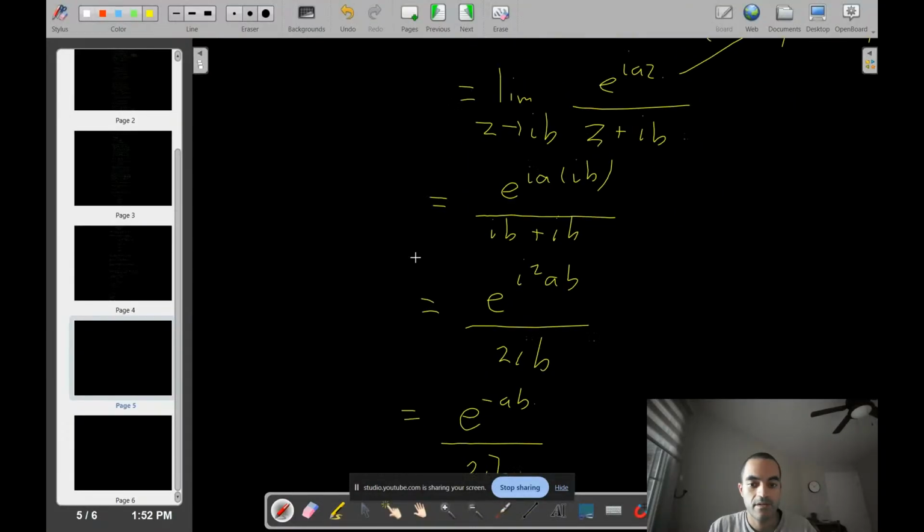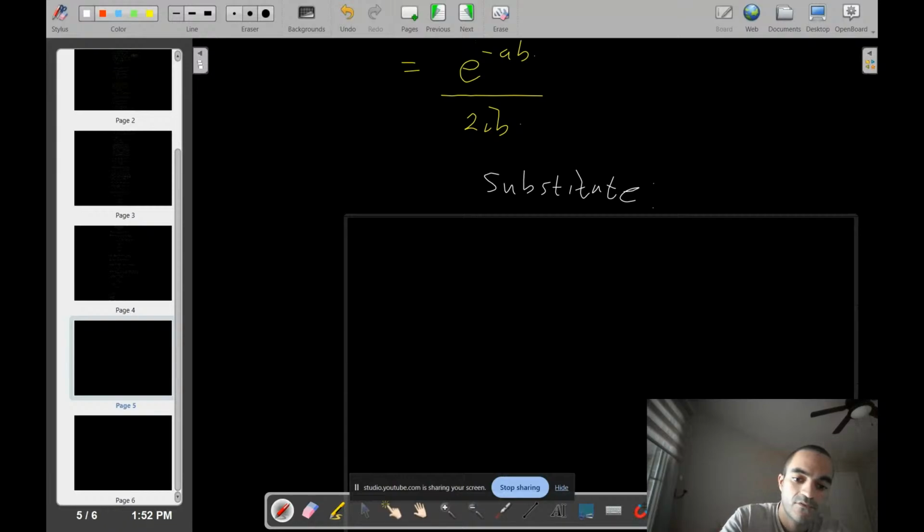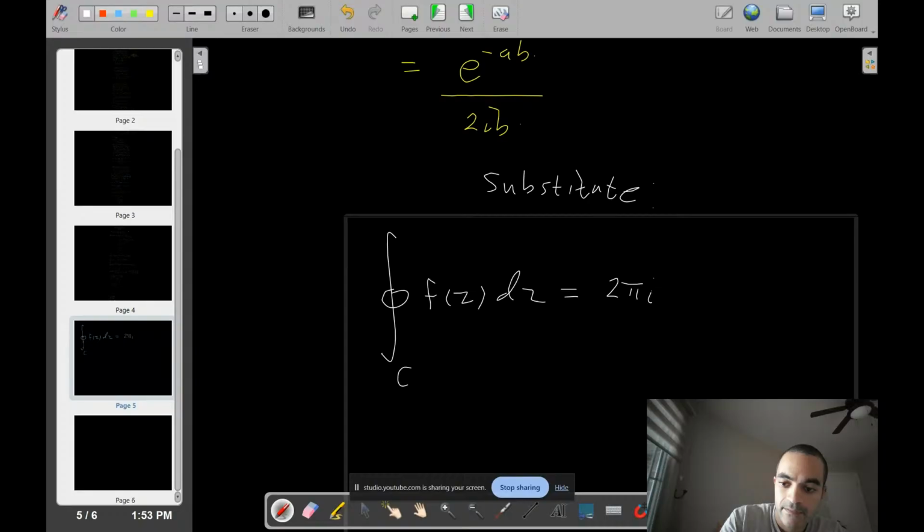Okay, so the next part is to substitute into our integral. Well, I should be saying by theorem, not substitute. The residue theorem: the loop integral of f of z dz is equal to 2 pi i times the sum from i equals 1 to n of the residue of f of z, comma, z sub i.